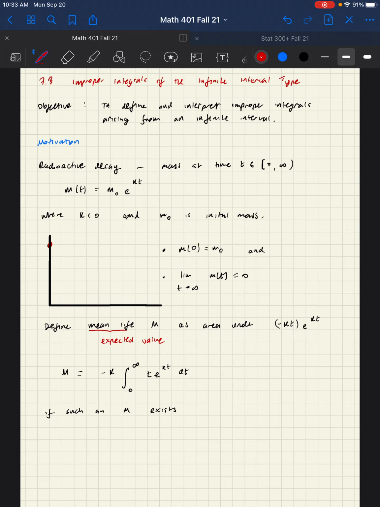But in theory, it seems like what we're talking about here is just some curve that looks kind of like this, going all the way out into infinity. And we're talking about computing all this area all the way out to infinity. So that's an infinitely long tail there. And we're supposing that that area is M.